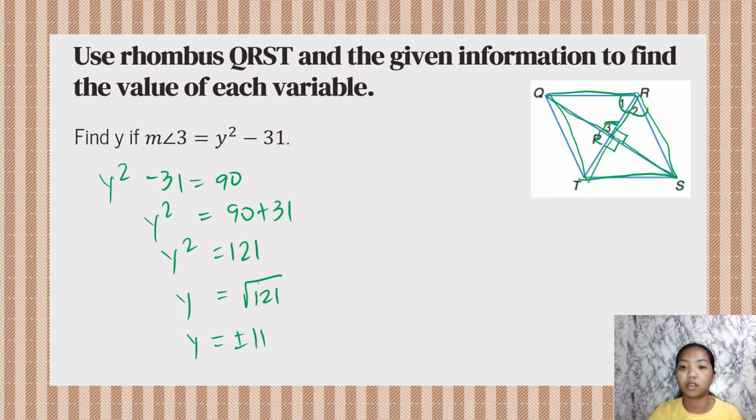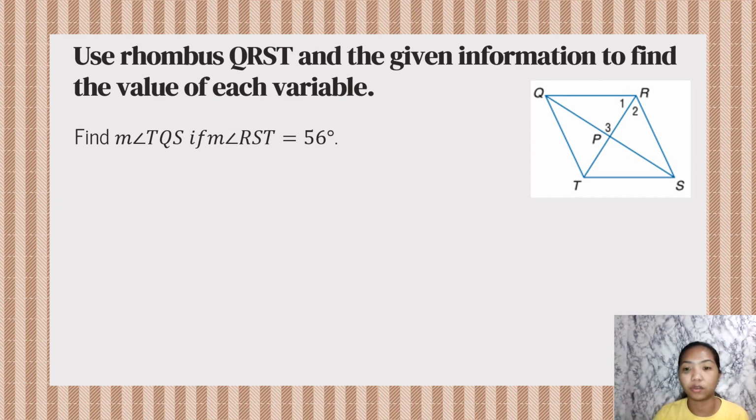Then you just use the other properties to solve for the other missing values. Just remember the properties because they are important in order to understand the problem and find the missing values of your quadrilateral.